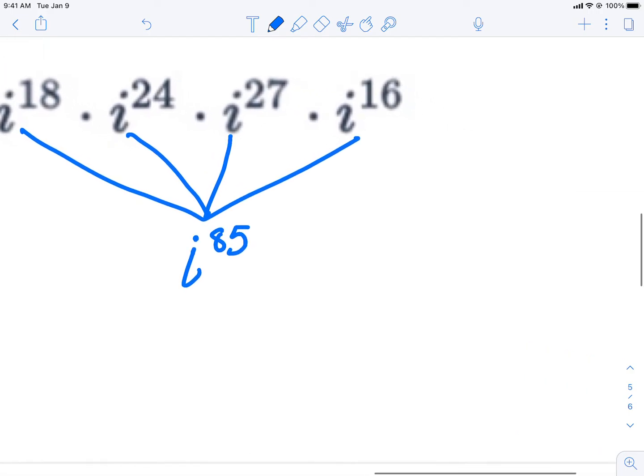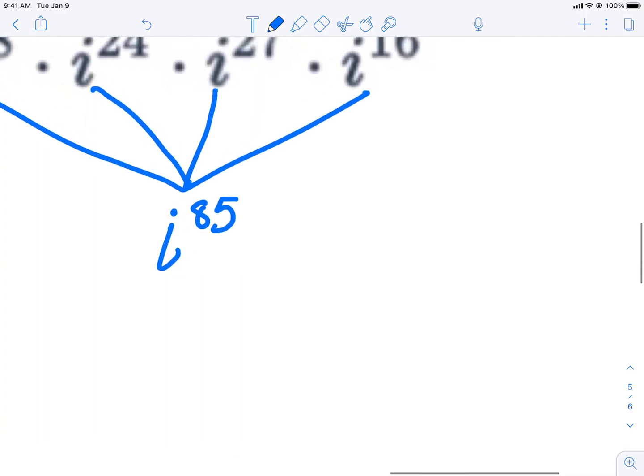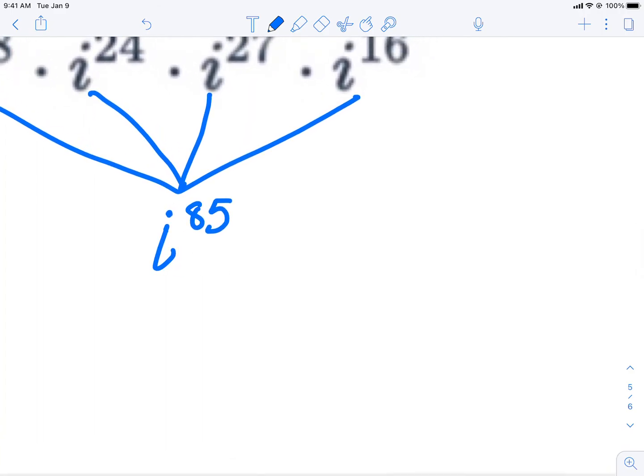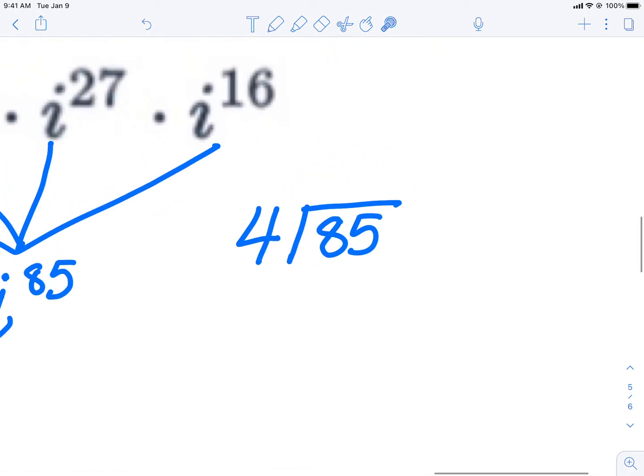Now ask yourself, is that 85 bigger than 4? Of course it's bigger than 4, right? So we're going to take old school division, 85 divided by 4. So let's do some old school division. How many times does 4 go into 8? 2. 2 times 4 is 8.